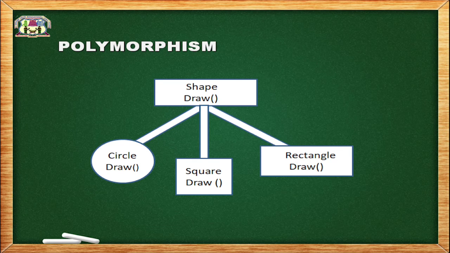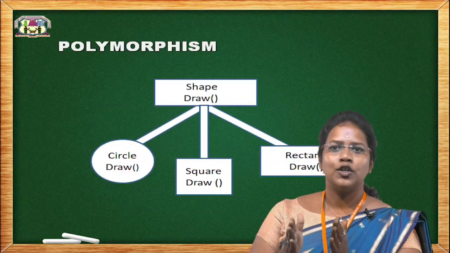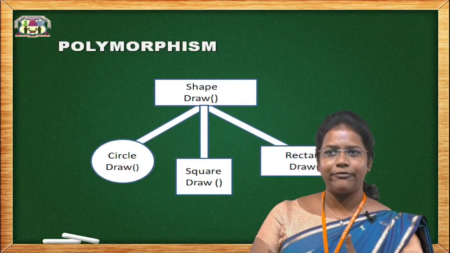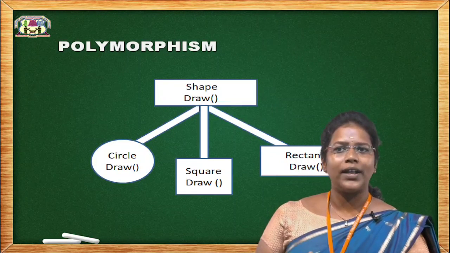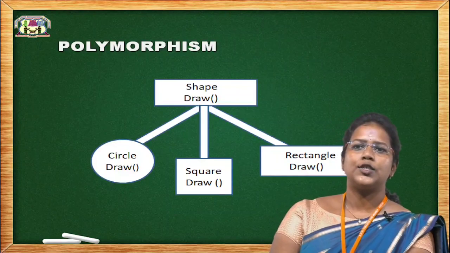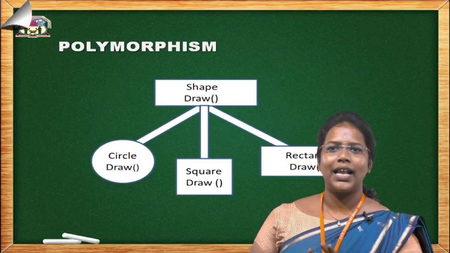When you use it for drawing a rectangle, it acts as drawing a rectangle. This means the same method is used for different purposes. So the draw method takes a different form depending upon the situation. This concept is known as polymorphism.